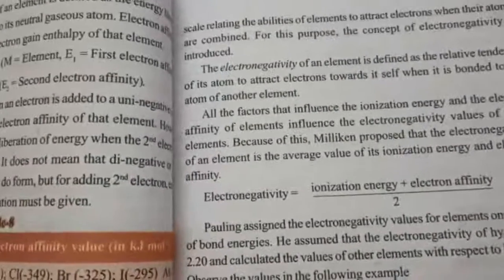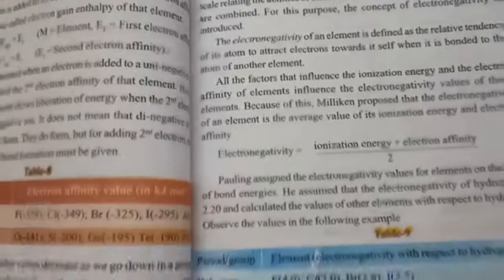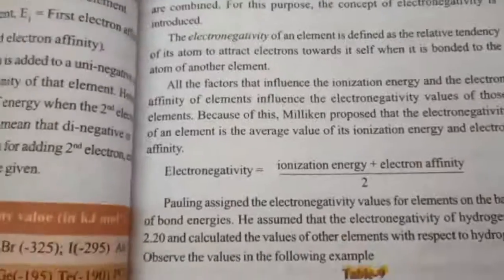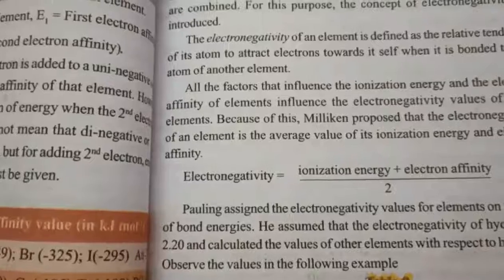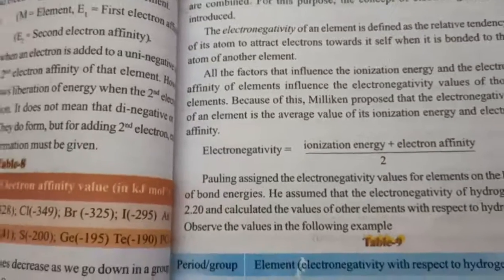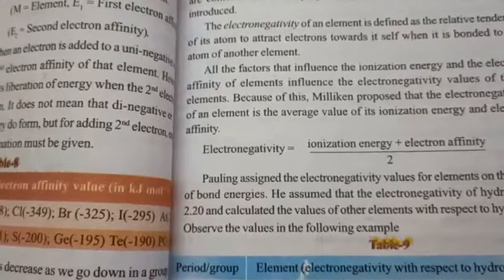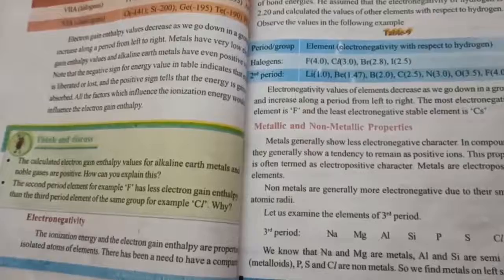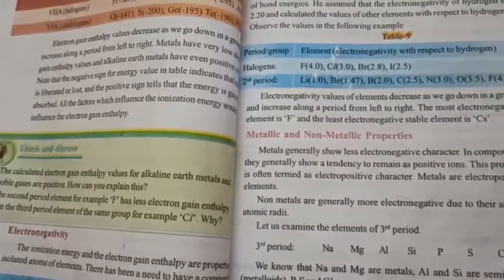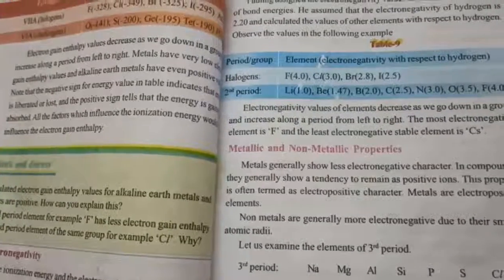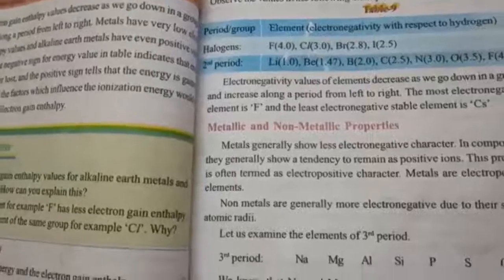Tendency to lose electrons is called electropositivity, and tendency to gain electrons to make bond formation is called electronegativity, which is the average of ionization energy and electron affinity. Non-metals are generally more electronegative than metals.